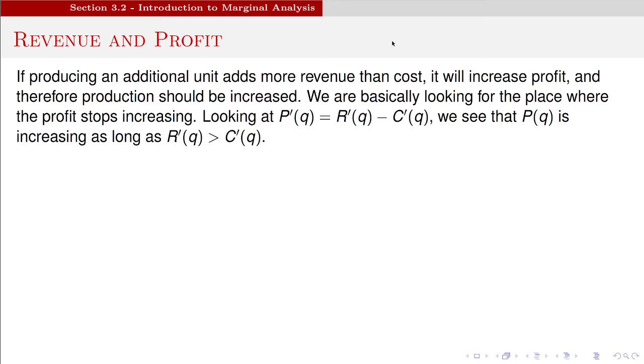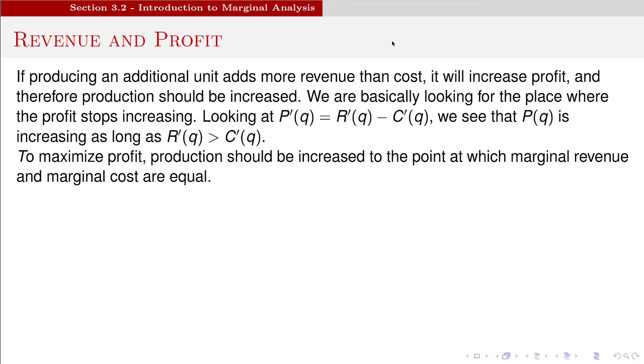So this profit function is increasing as long as marginal revenue is greater than marginal cost. If we gain more revenue by producing the next item than the cost we incur by producing that next item, then it's beneficial to produce that next item.